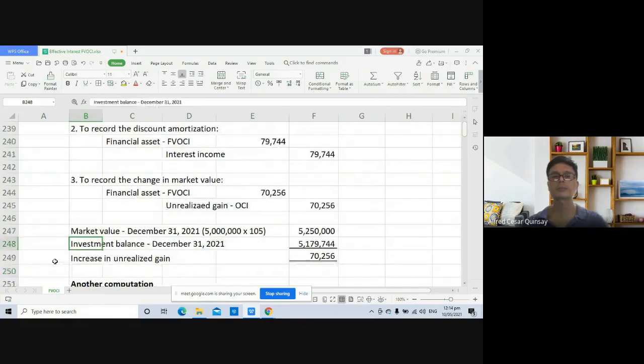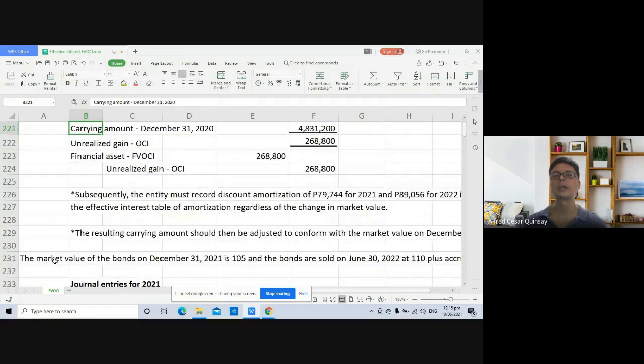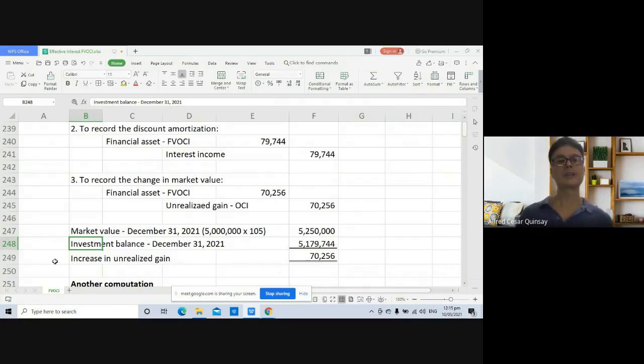Now, in order to reflect yung pagtaas ng market value dito sa December 31 from 102 to 105, so kunin natin dito, no, yung market value niya, which is 5 million times 105, so 5,250,000. Tapos yung investment balance niya noong December 31, 2021 is 5,179,744.